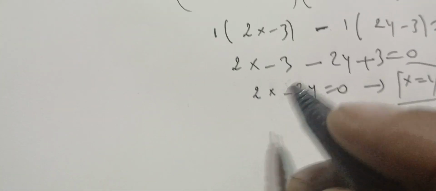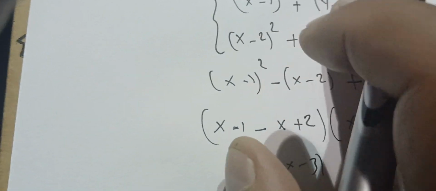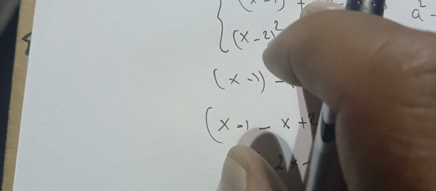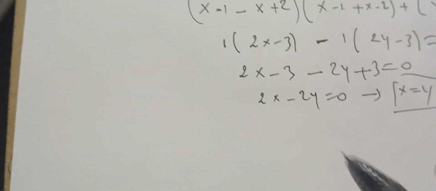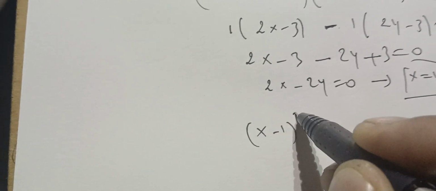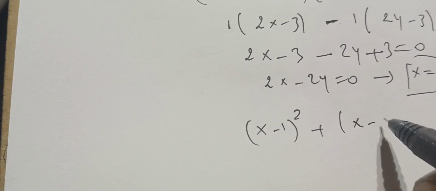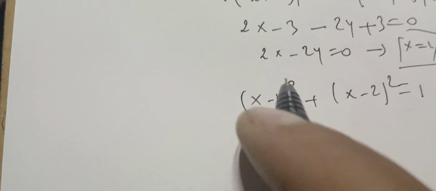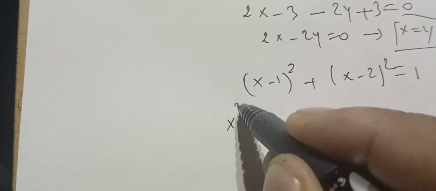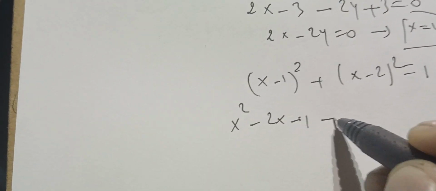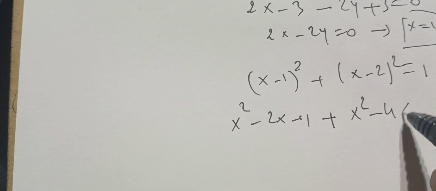So in the first equation, we get x minus 1 squared plus y minus 2 squared equals 1. So here we plug y equal x. So we plug x here and we solve. So we have x minus 1 squared plus x minus 2 squared equals 1. So now we expand, we get x squared minus 2x plus 1 plus x squared minus 4x plus 4 equals 1.